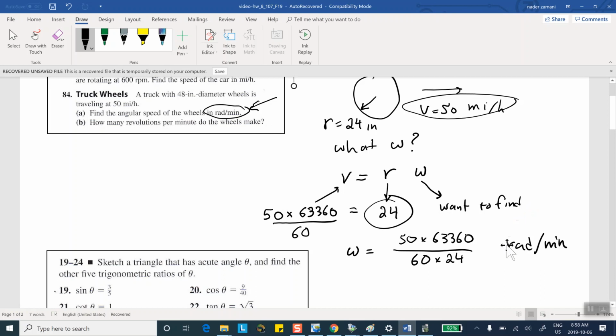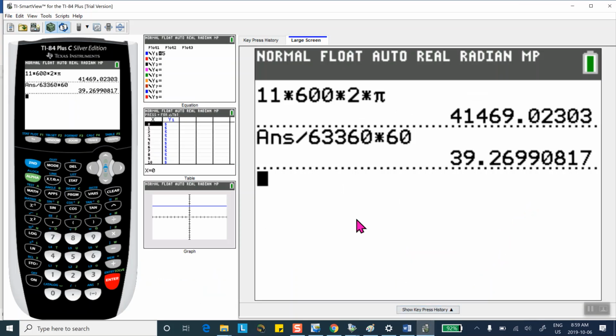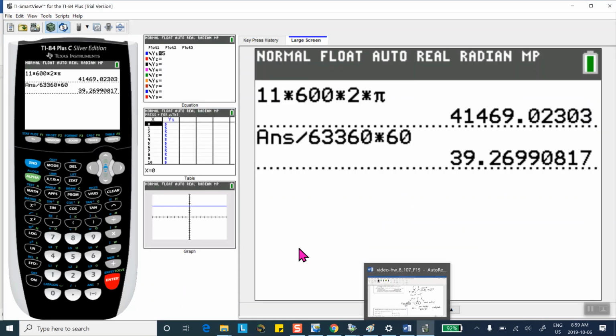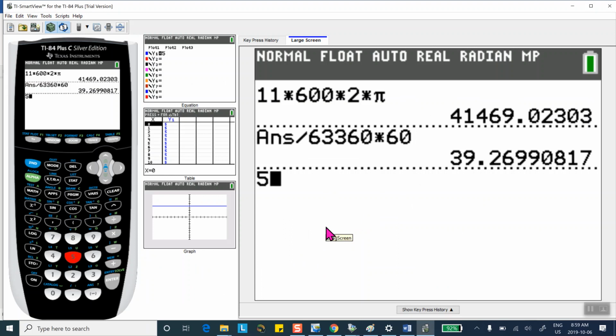Let's go ahead and do this. So let's go here. It is, man, I keep forgetting these things. 50 times 63360, and it is divided by 24.